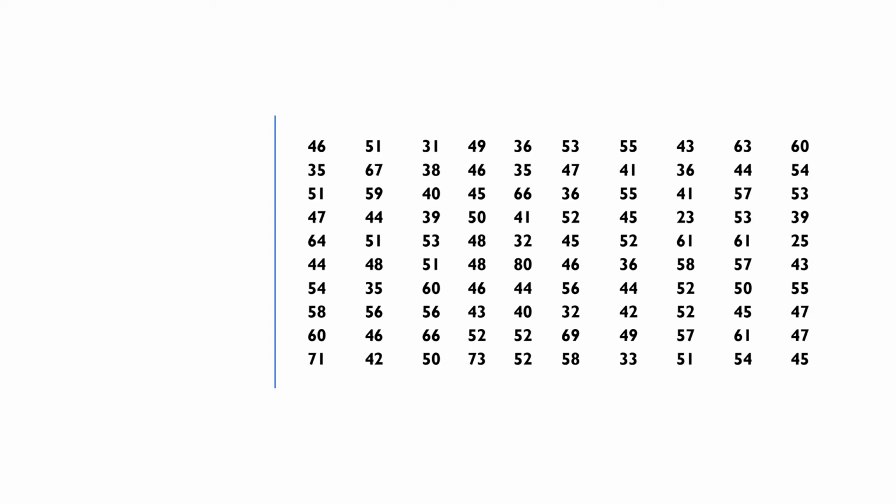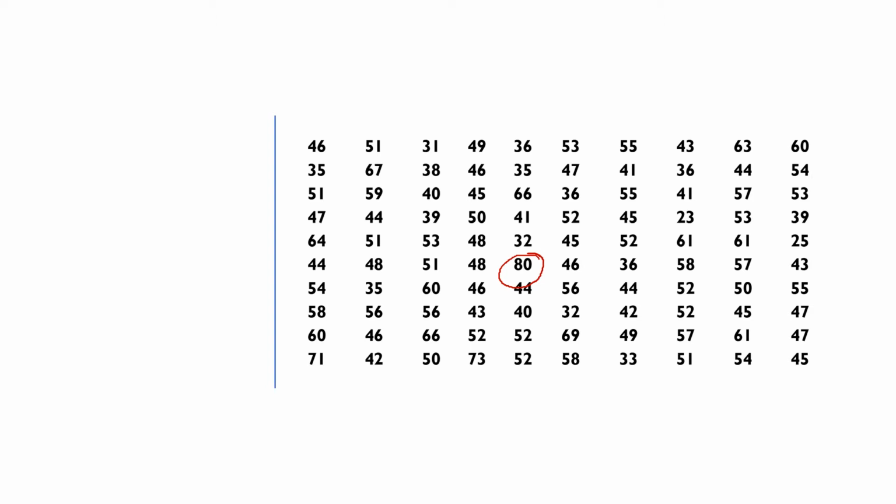So let's find the range. The range is the difference between the highest data value and the smallest data value. Here the highest data value is 80 and our lowest is 23. Where is the 23?